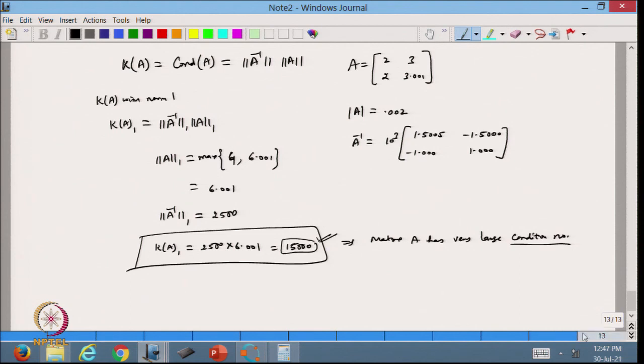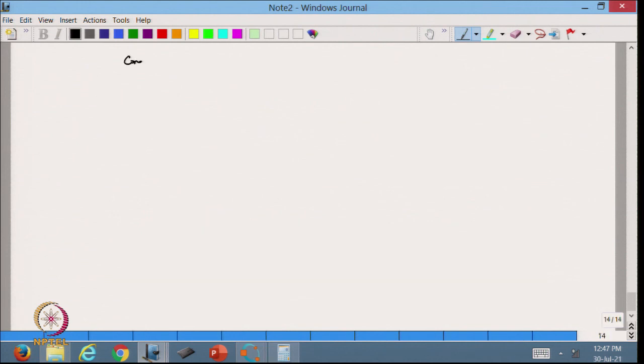Now, the same way we can define the condition number in other forms also. In the computer we have seen how we can find the condition number of a given matrix. I have seen that the condition number of the matrix A in 2 norm was coming to this value, and the condition number of A in the infinity norm we have seen is coming 15,000.